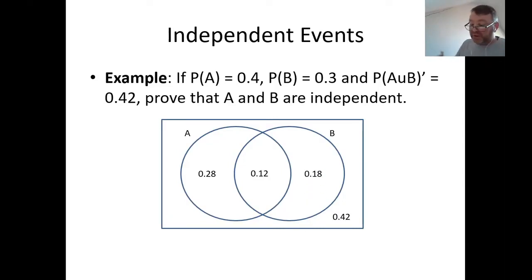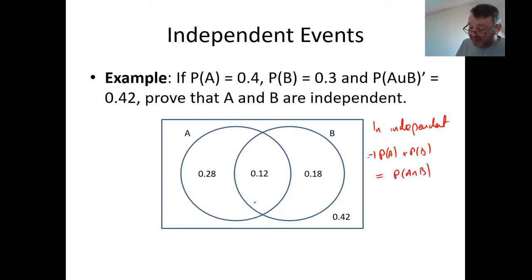So now what are we asked? Prove that they're independent. If they are independent, then their individual probabilities, the probability of A and the probability of B, when multiplied, should be equal to the probability of their intersection. That's what independence means. So let's do that.